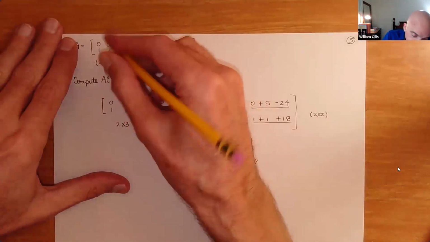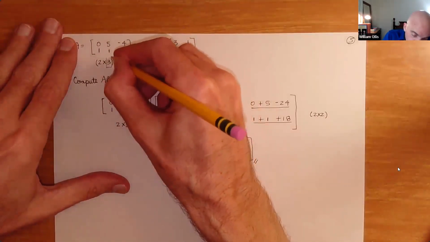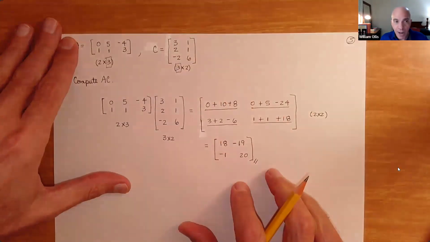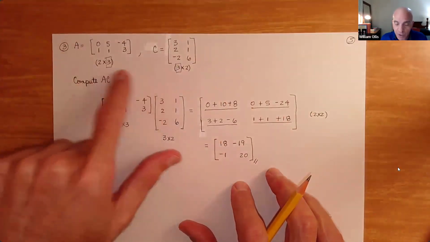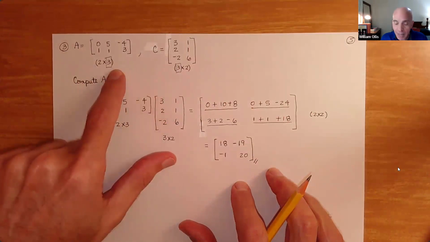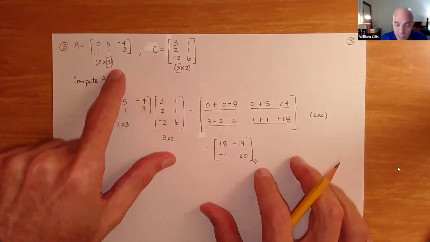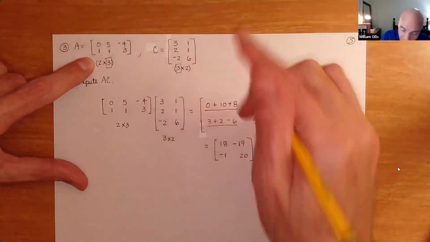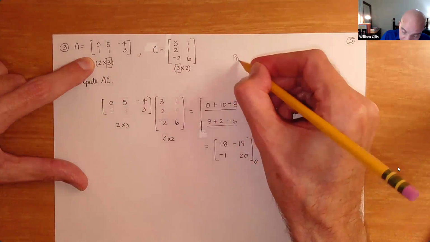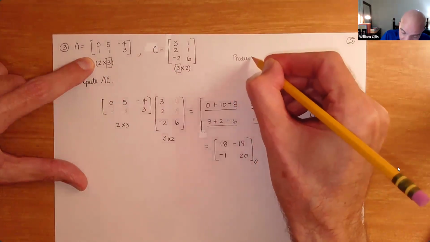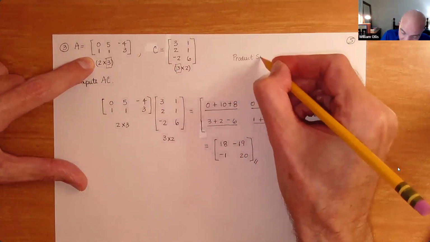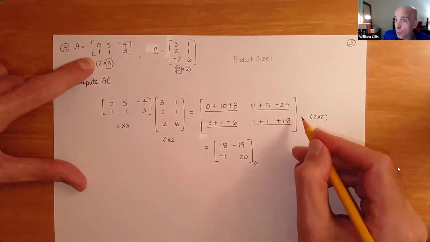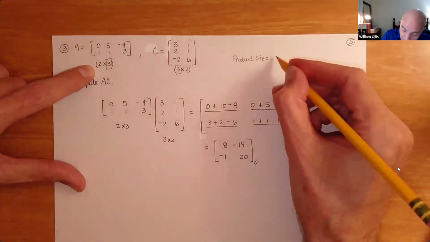The number of columns of the left matrix must be the number of rows of the right matrix. That gives you a very simple way to check. What you're also going to notice is that the numbers that get left out give you the size of the product. The product size will just be the numbers on the extreme that were ignored, so to speak, 2 by 2.